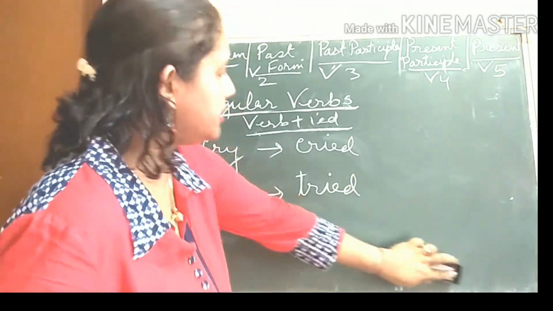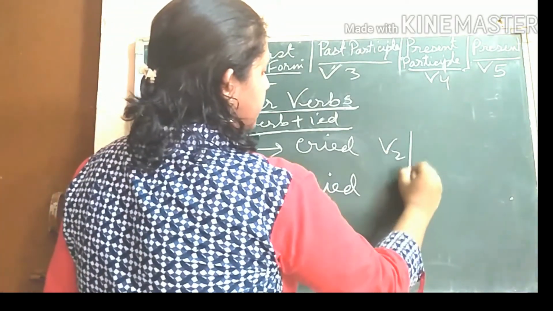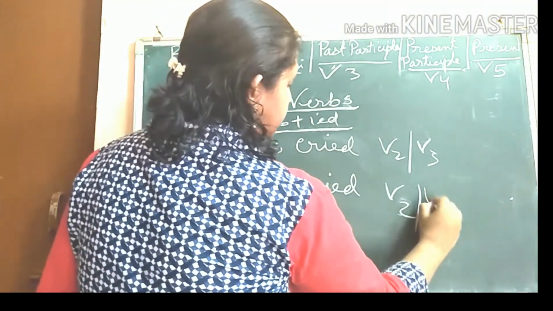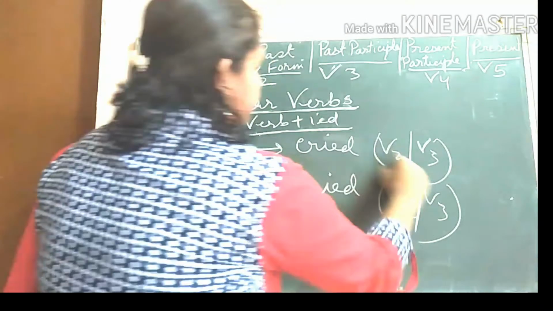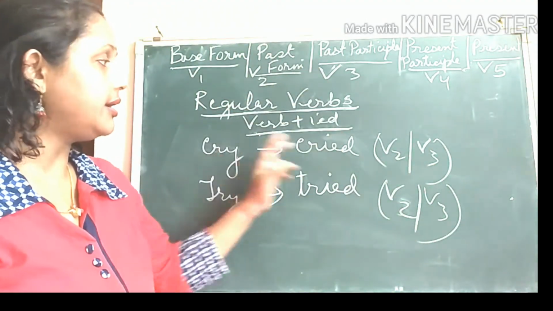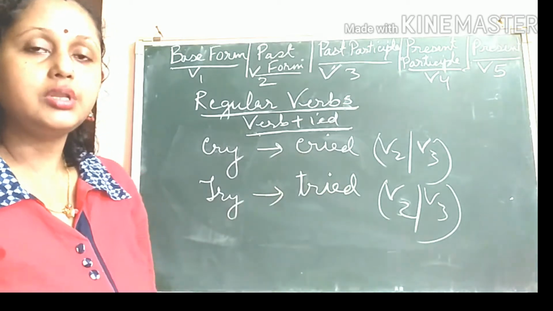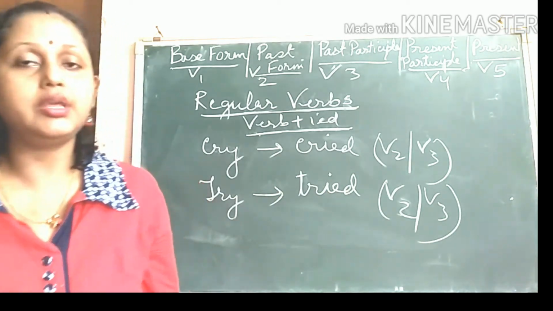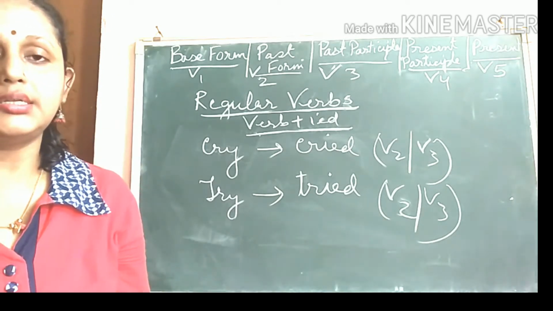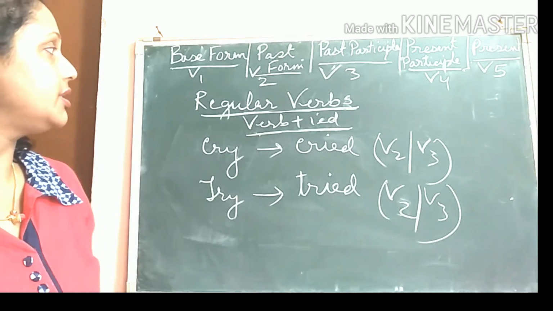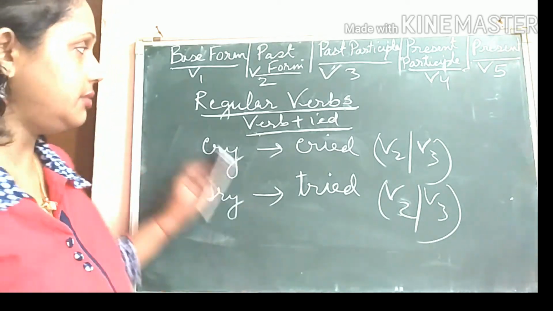Both are the same in V2 and V3, past and past participle. So these are a few examples. There are so many verbs you will get when you search for them. So let's learn something about the irregular verbs.